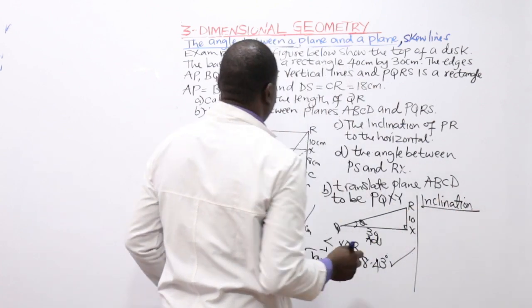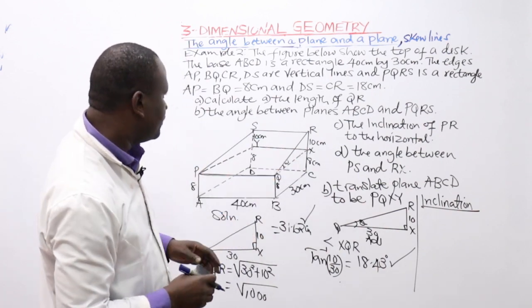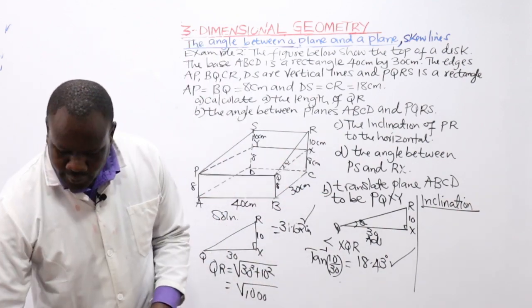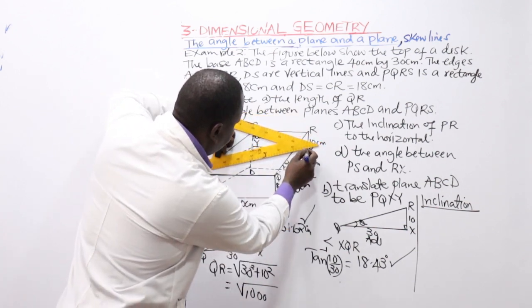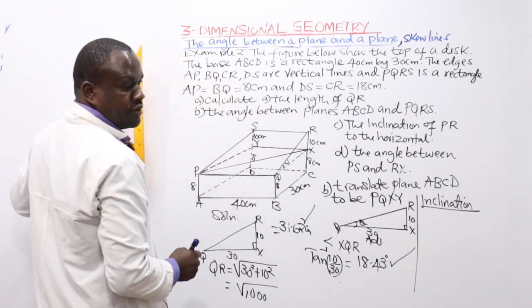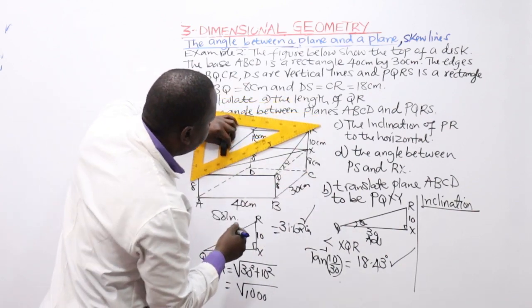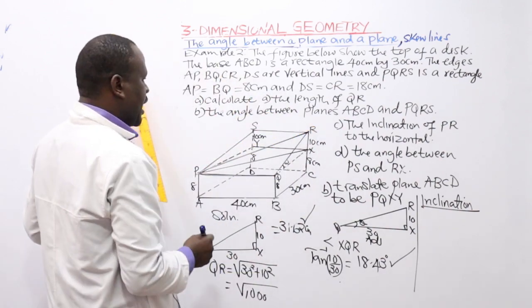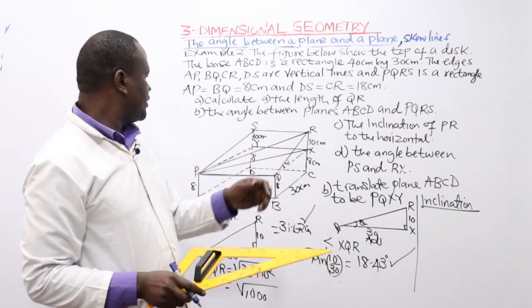So we are looking for the projection of PR on the horizontal plane. Now, the projection is PX. This is the horizontal, which is also AC. So what is the angle between PR and PX?